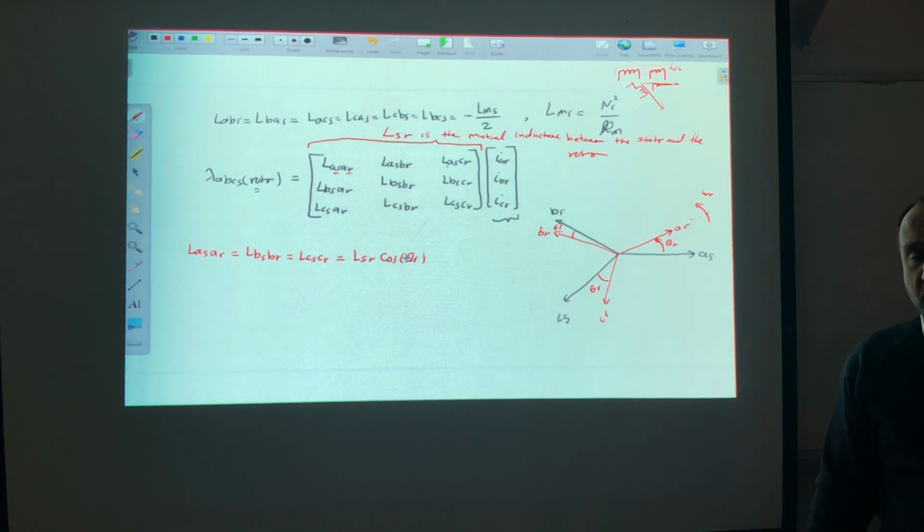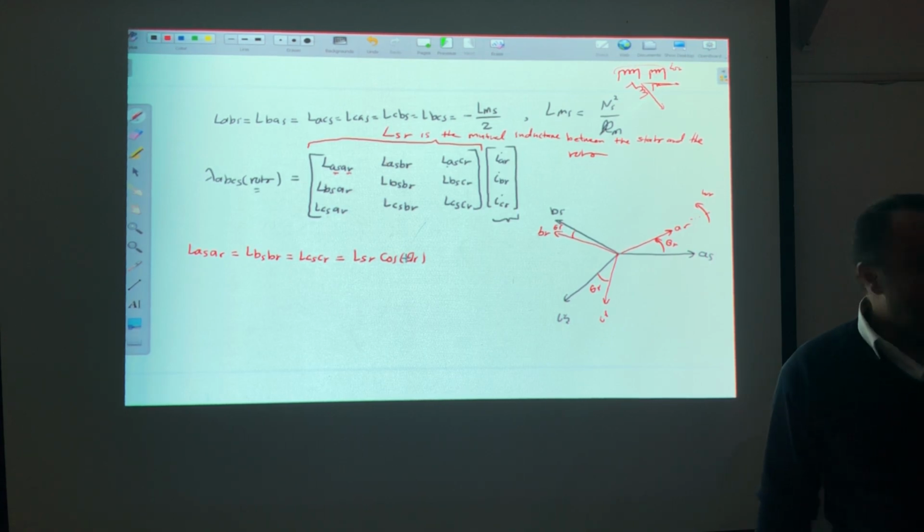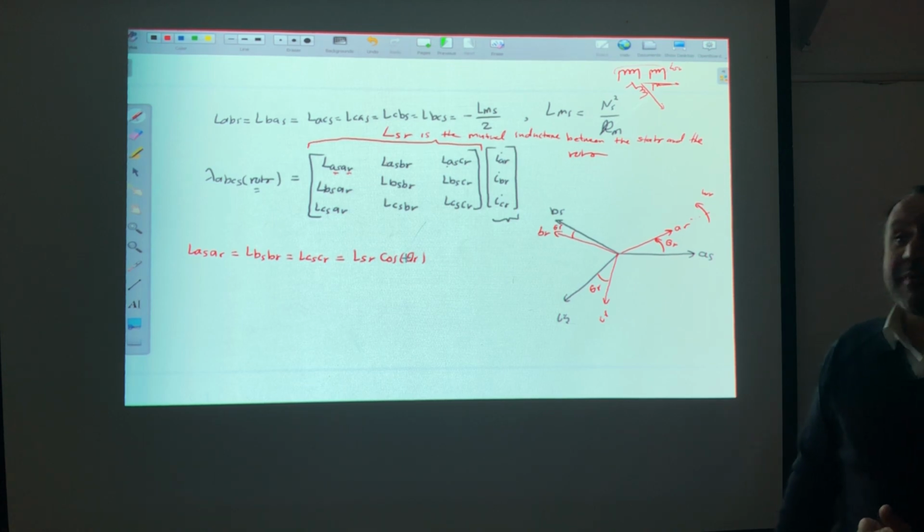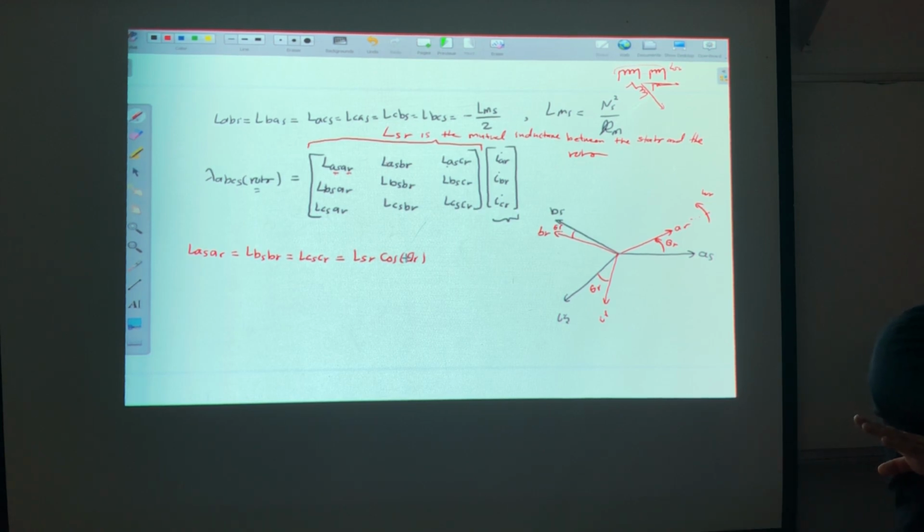Simply in the DC machine, we say that we need to have brushes, and those brushes are fixed to specify the axis of the induced voltage, correct? In order to maximize the torque, we make it 90 degrees. This is the maximum.